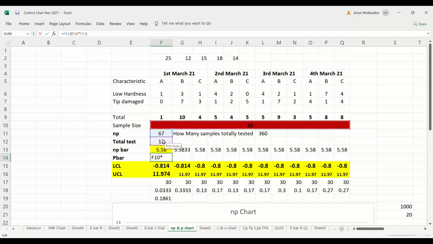So basically it is total number of defectives, 67, divided by total number of samples tested, 360. So it is 0.1861. Same thing is here, 0.1861.